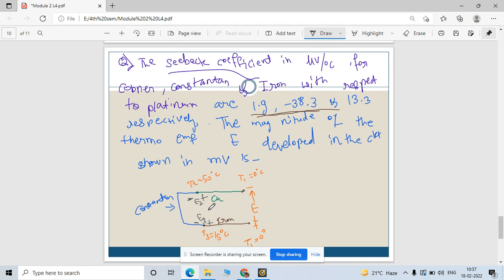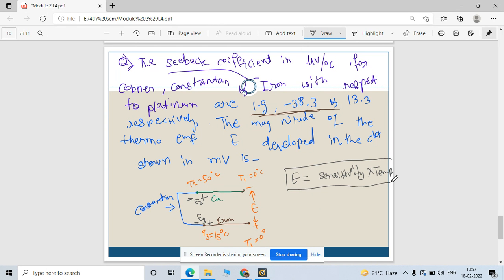Once you find this E2 and E3, apply KVL here and you can easily find this E. So how to find this E? E is nothing but your sensitivity, which is provided in terms of the Seebeck coefficient, into the junction temperature, which is provided to you.